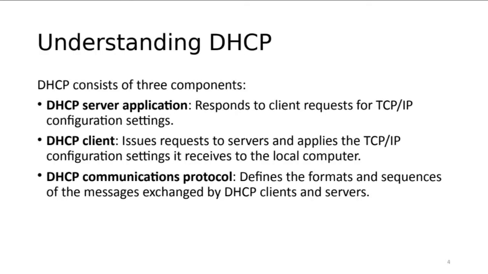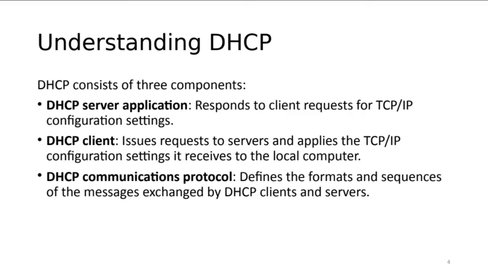DHCP consists of 3 components: the DHCP server application and the DHCP client. I mean, you can tell from the name. The server application is installed on the server, and it will respond to the requests from the client.